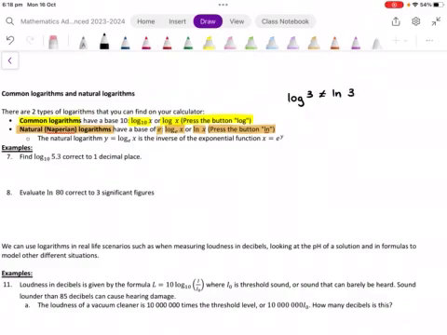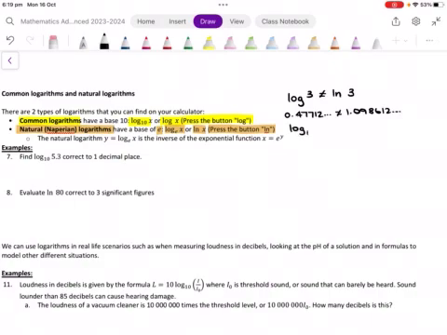If you press log of 3 on your calculator, what you get is 0.47712, etc., which does not equal ln of 3 on your calculator, which is 1.098612, etc. So it's really important that if the question uses log, L-O-G, we use the log button. If it uses log to the base e, or it uses ln, we press our ln button.